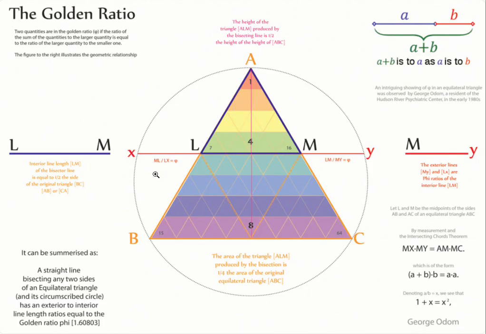There are a number of other fascinating features in the mathematics and the geometry of equilateral triangles, things like the golden ratio. I'll let you view this illustration and its detail on your own, but just to summarize, the relationship between L to M versus XL or MY is in the order of the golden ratio. Well, in fact, it is the golden ratio.